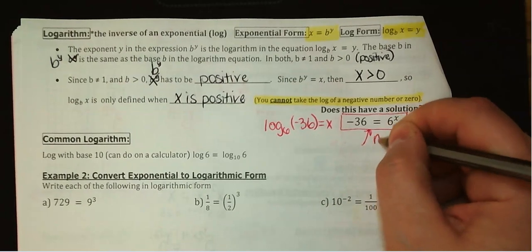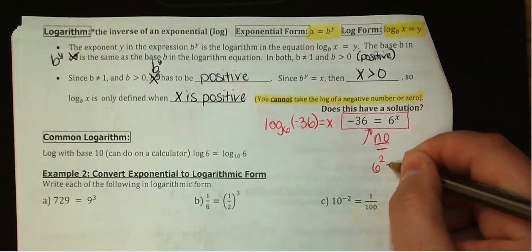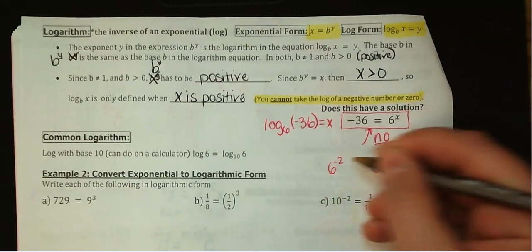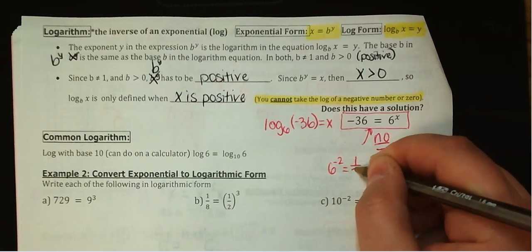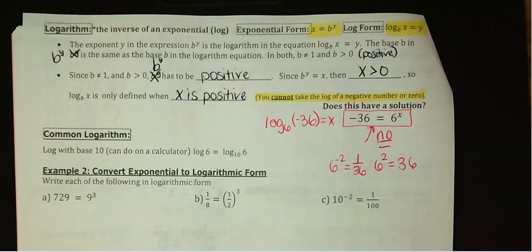Does this have a solution? No. If I do 6 squared, that's positive 36. If I do 6 to the negative 2, that's not negative either; it's 1 over 6 squared, or 1 over 36. So there's no value of x that you could plug in there that would make that true. There's no way to make that negative.